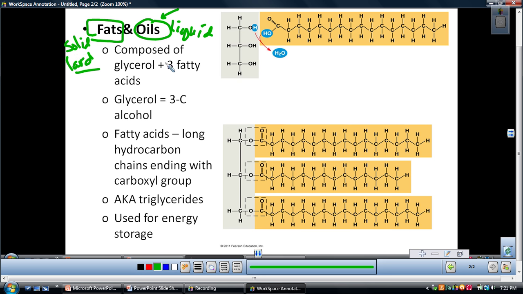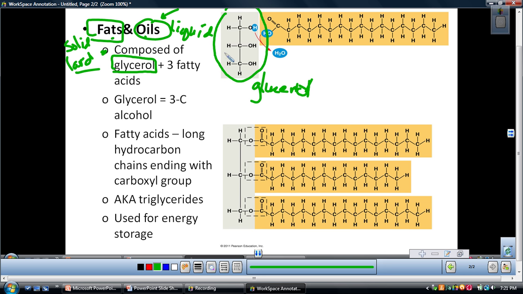But what we can say about fats and oils, we have a couple bullets here. The first thing is they're composed of a glycerol. So let's visit that first. The glycerol is right here in the gray. That's an O and an L, glycerol. So the glycerol is this part that you see in the grayish area.